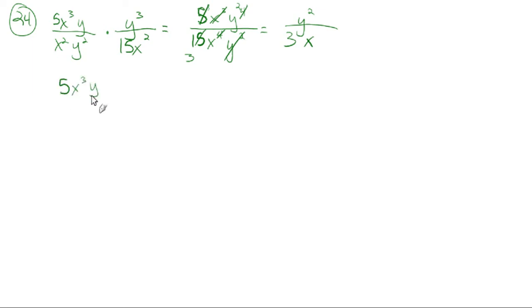We could do this too. We could come back to the beginning, and before we even start, I'm seeing this y and this y squared. Y could cancel with one of those there. You're left with a factor of y. And x squared could cancel with 2 of those factors of x.